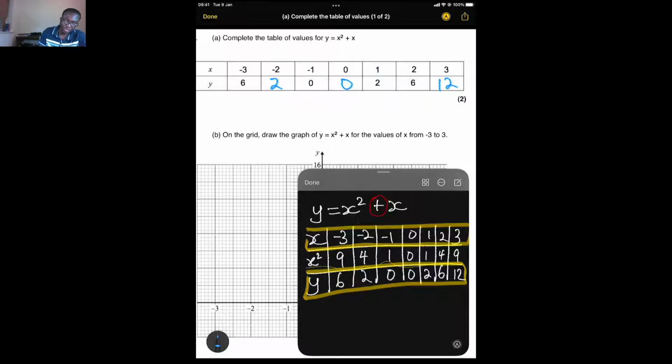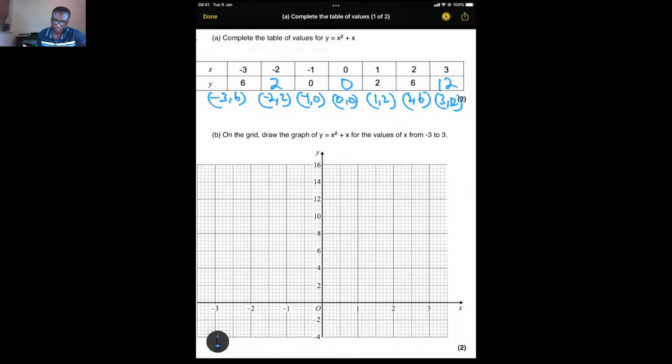So we're going to plot -3 and 6, -2 and 2, -1 and 0, 0 and 0, 1 and 2, 2 and 6, and then 3 and 12. These are the coordinates we're going to try and plot.